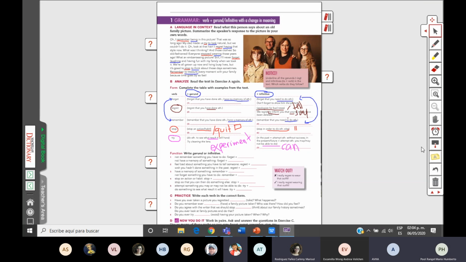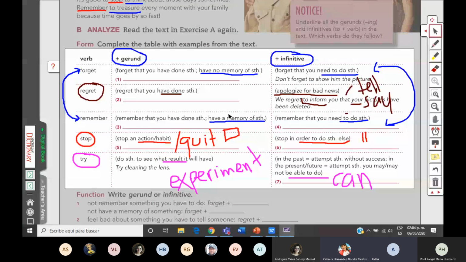Me recuerda la diferencia del forget. Forget is that you don't have a memory of something. O sea, hiciste algo, pero no te acuerdas haberlo hecho. Por eso te decía, forget y remember son muy similares.